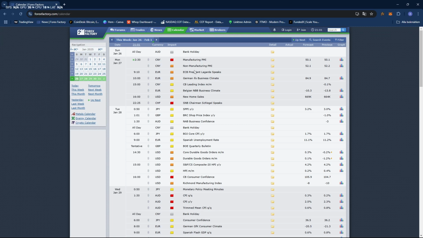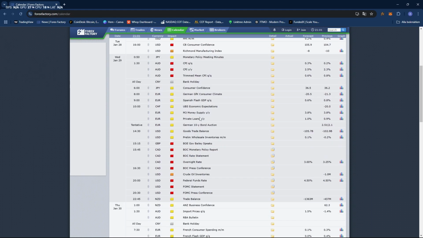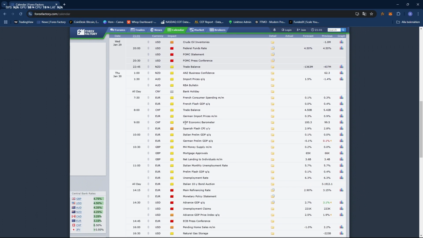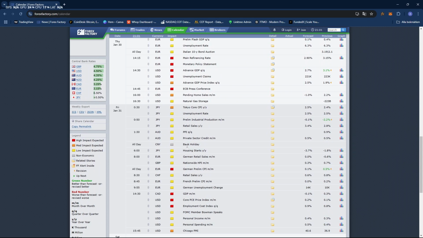Monday, Tuesday going up higher for the dollar, and then the rest of the week going down lower for the dollar. So Wednesday, Thursday, and Friday going down lower for the dollar, while Monday and Tuesday go higher for the dollar, engineering liquidity and sweeping it out throughout the rest of the week.